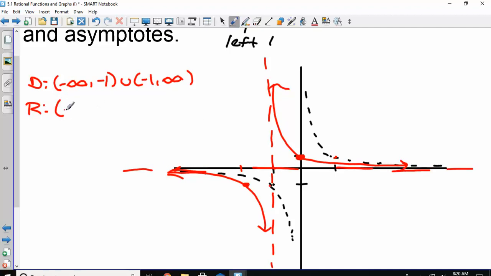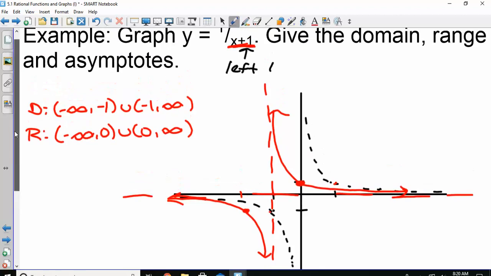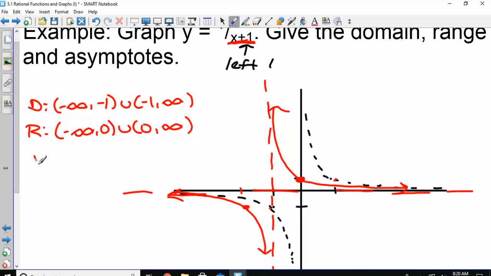So our range, negative infinity to 0, and 0 to infinity. I asked for asymptotes, so vertical asymptote is always x equals, what was that x value? Negative 1. Same thing that we took out of our domain. Horizontal asymptote is y equals, and it's just the value you took out of your range. So it's at y equals 0.